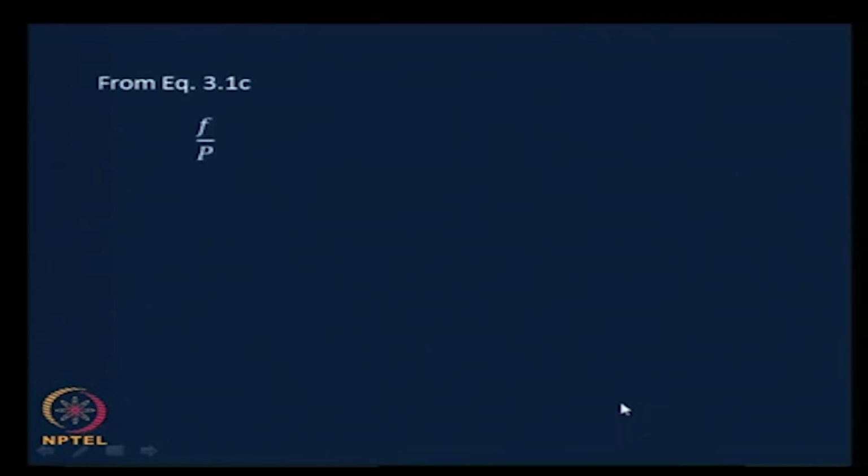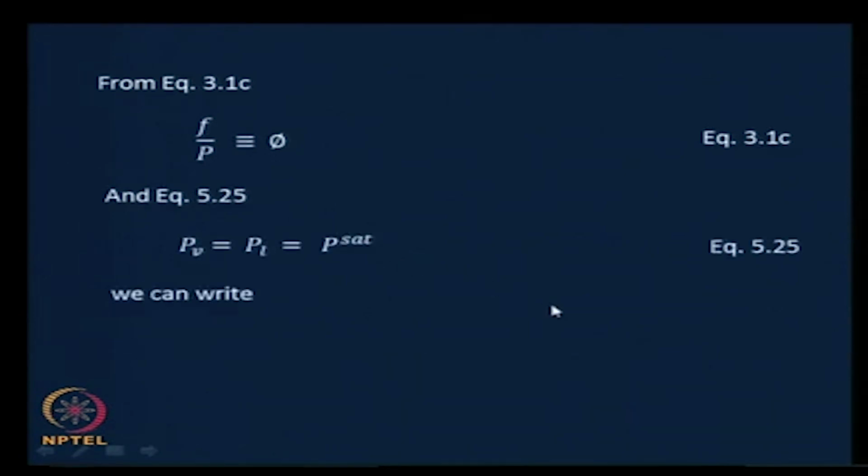From this and the definition of the fugacity coefficient, we could write a relationship between the fugacity coefficient and pressure. Phi V Pv equals F sat, or in other words phi sat, phi V is nothing but the value at the saturated value under the conditions of vapor liquid equilibrium. Phi sat P sat equals F sat.